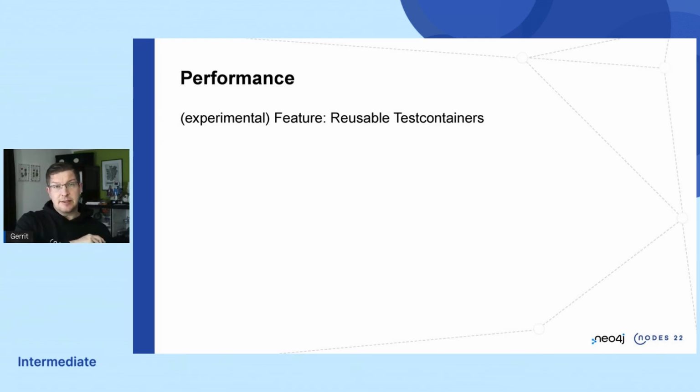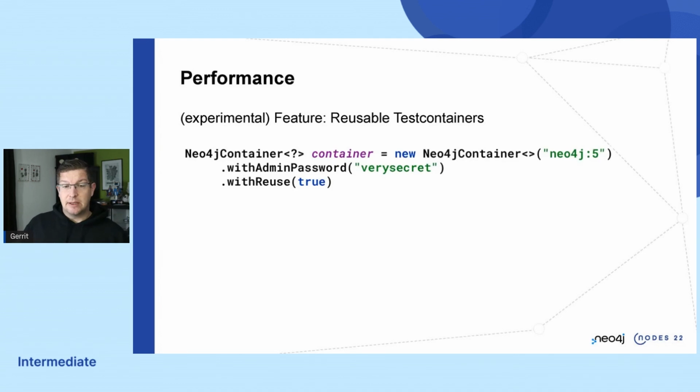It's still marked as experimental because it's been in there for, I think, 1 or 2 years. And it's not really breaking all the time, but the Testcontainers team considers that it might change in the future how it gets used. But for now, it's working fine for us.